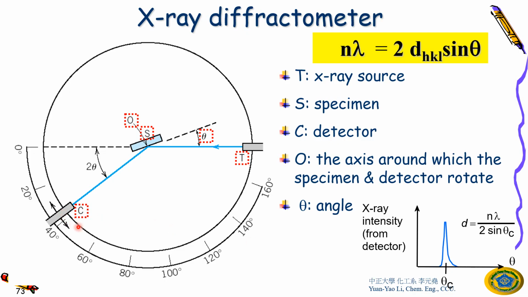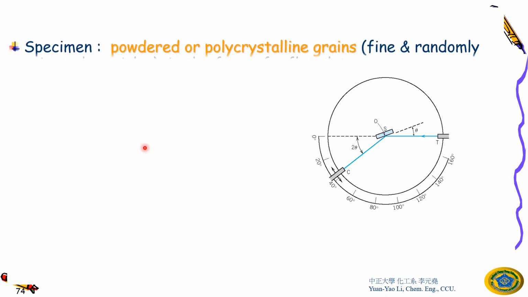But if you move a little bit forward, you might get another peak. That's why you can get a set of peaks that represents this type of crystal. This pattern represents this crystal, or this polycrystal, or this powder specimen.